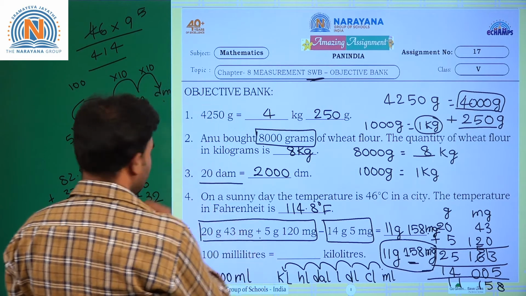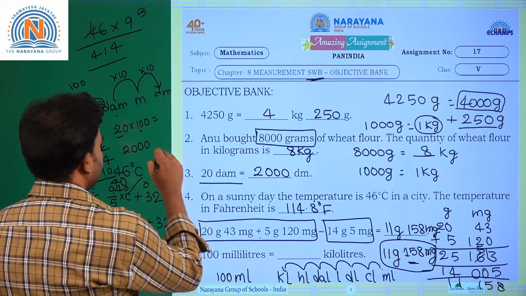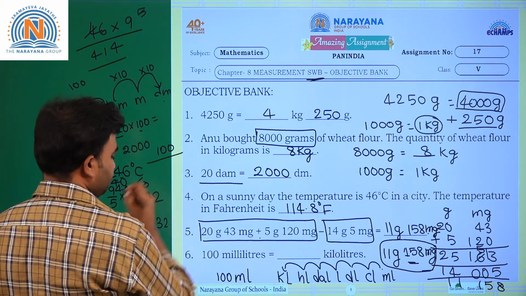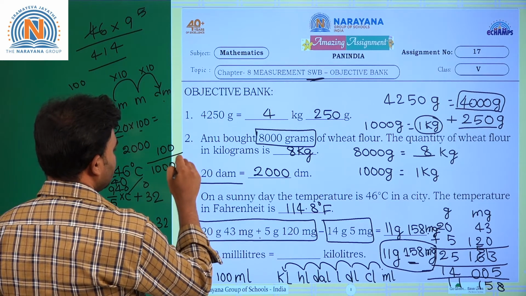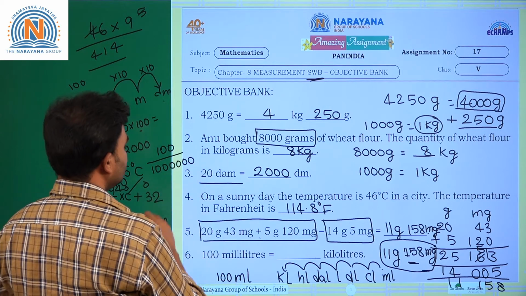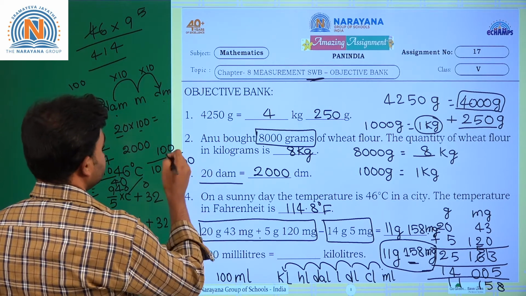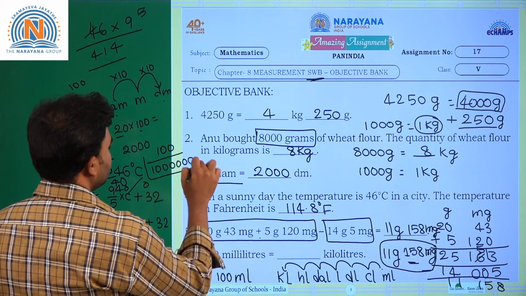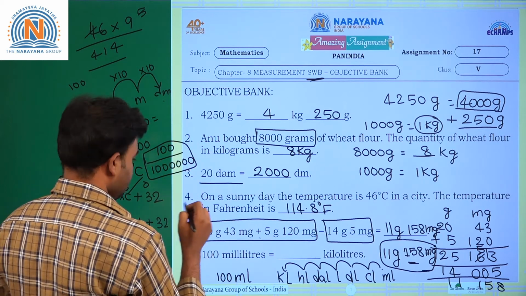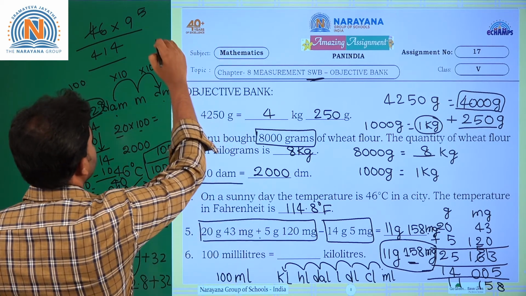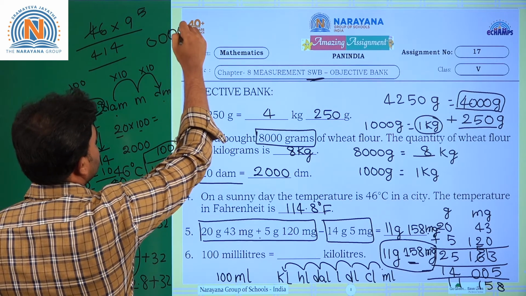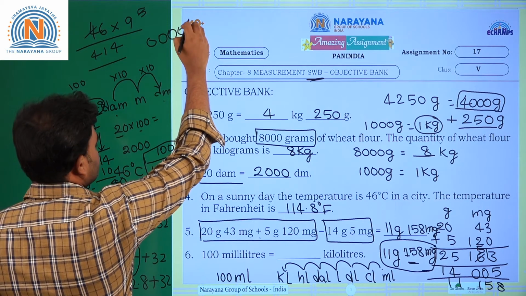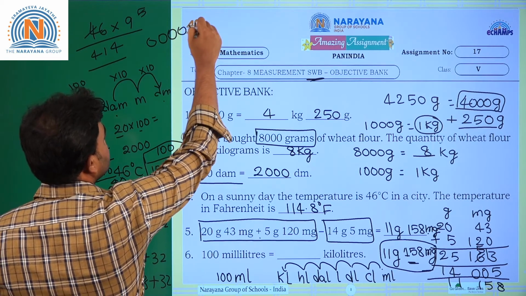That means 100 by 1 after 6 zeros. 1, 2, 3, 4, 5, 6. Move the decimal point now. I'll take this problem here. See here, 0, 0, 0, 0 and 1, 0, 0.